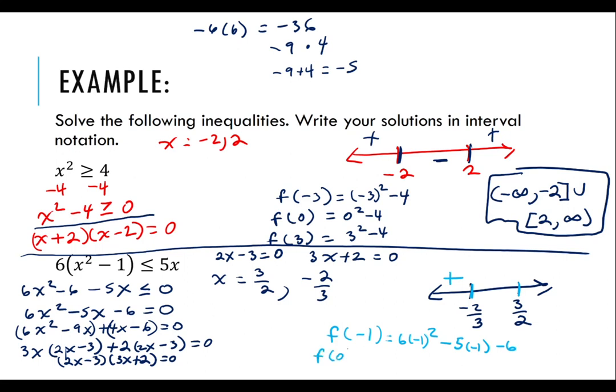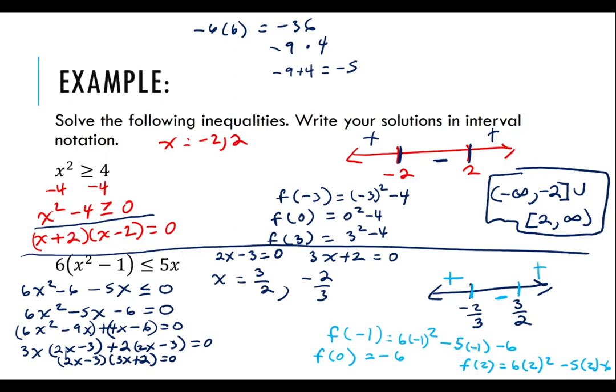That is, how about 0? But f of 0 here is going to be equal to negative 6, so that's negative between those two values. Then I need to pick a value to the right of 3/2. How about 2? F of 2 is going to be 6 times 2 squared minus 5 times 2 minus 6. But if you check that value in your calculator, you should get positive.